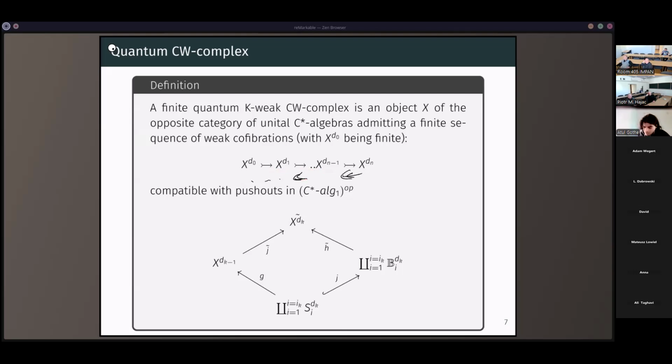The first element X_0 is finite, and we can go to the higher X_k from X_{k-1} by pushing out over some non-commutative balls over the boundary non-commutative spheres.